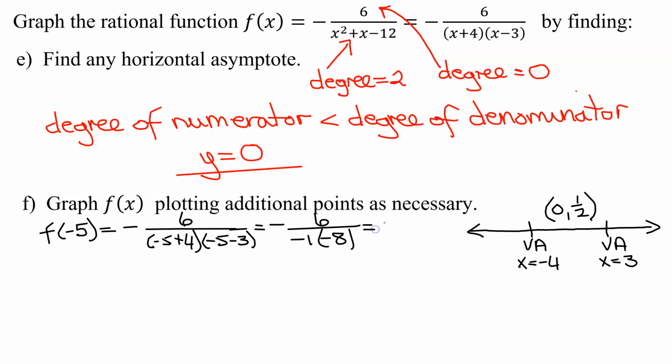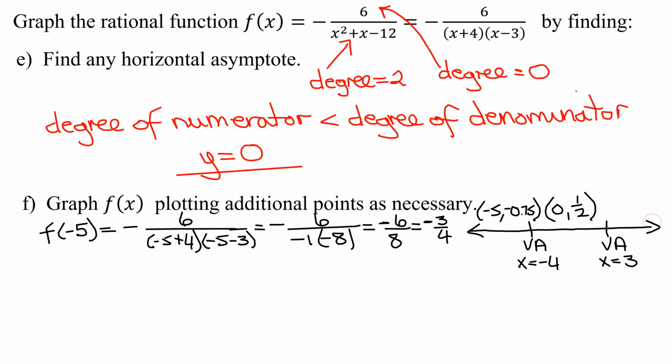So I have negative 6 divided by positive 8, which is going to be negative 3/4. So that's going to give me the point negative 5 and negative 0.75. Because when you graph it, you prefer to graph 0.75 than 3/4.